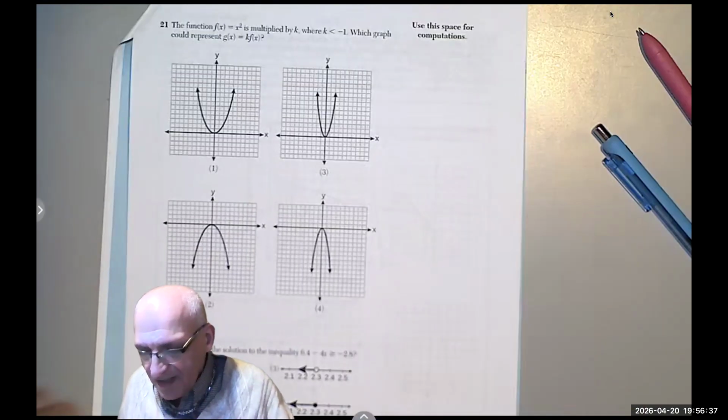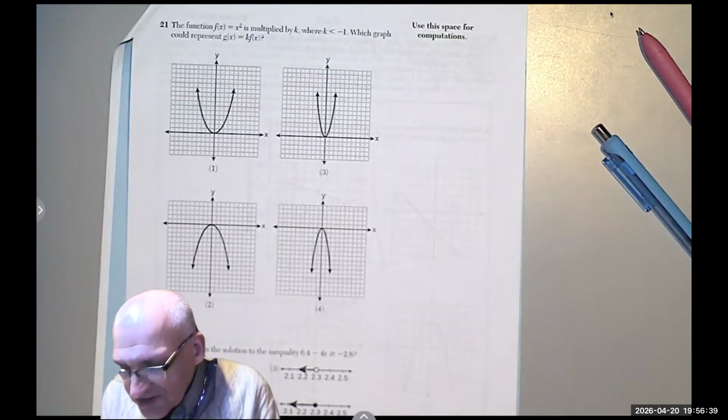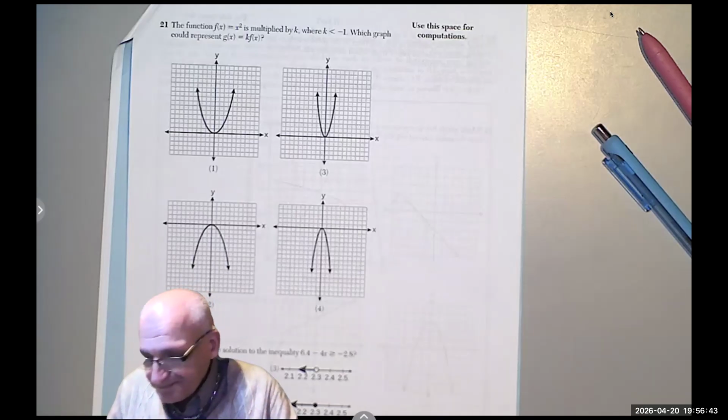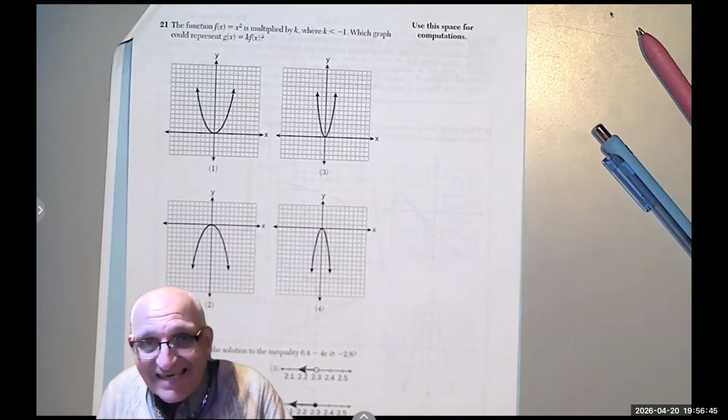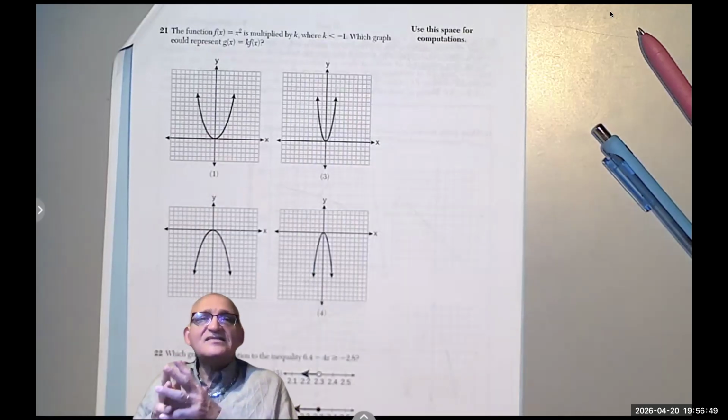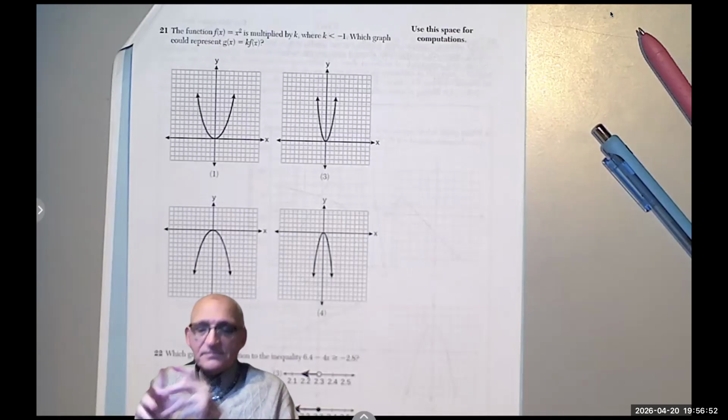I'm not sure, probably. Okay, the function f of x equals x squared, we know that's a parabola, is multiplied by k, and k is less than -1. What do you know instantly when they tell you that?